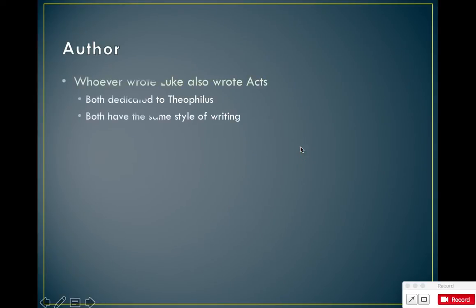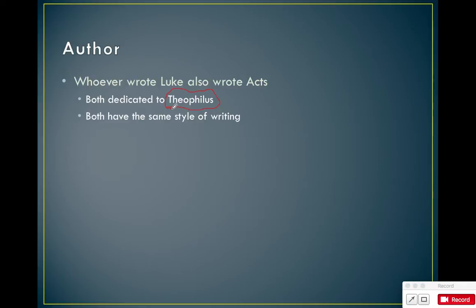So let's learn a little bit about Luke. As I said, whoever wrote Luke also wrote the book of Acts. Both are dedicated to a man named Theophilus. We don't know a whole lot about Theophilus, other than he was probably wealthy because he was able to pay somebody to write an account of Jesus' life and the early church.